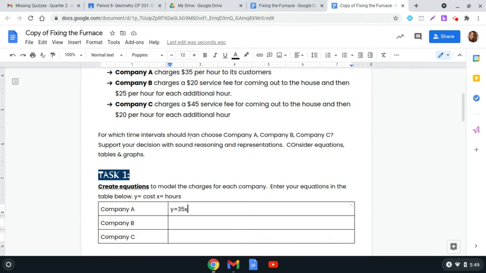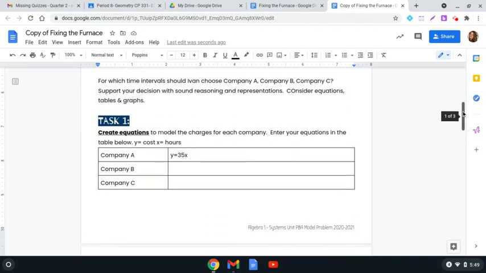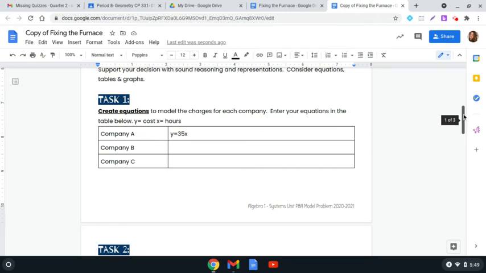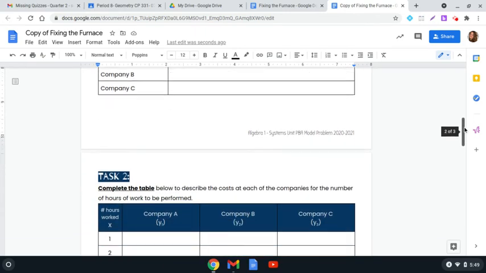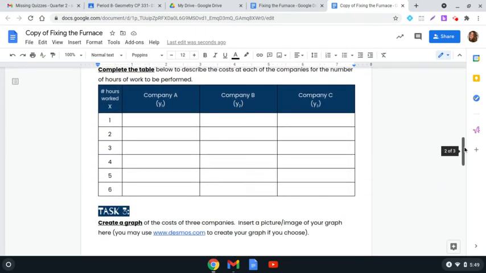So the real main question of the task here is, for which intervals of time should Ivan choose company A, B, or C? Support your decision with sound reasoning and representation. Consider equations, tables, and graphs. So I'm asking you to represent your answer here in 3 different ways. I'm asking you to represent it with equations in task 1, a table in task 2.